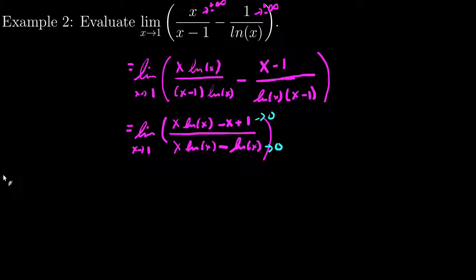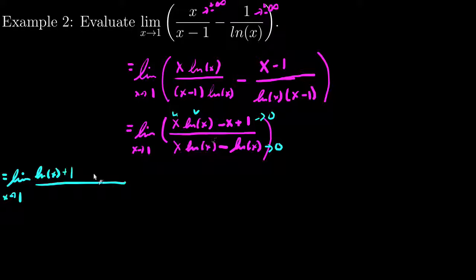So I take the derivatives, and I get the limit as x approaches 1. I need to do product rule for this. So I have u, I have v, and the product rule says that I get v times the derivative of u, so that's going to be natural log of x times 1, plus u times the derivative of v, which would be x times 1 over x, which is just 1.